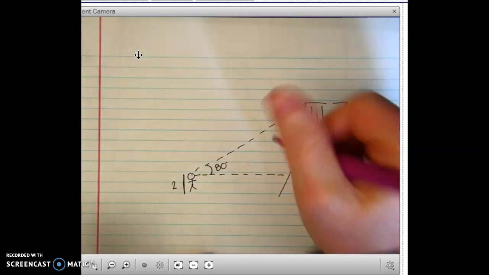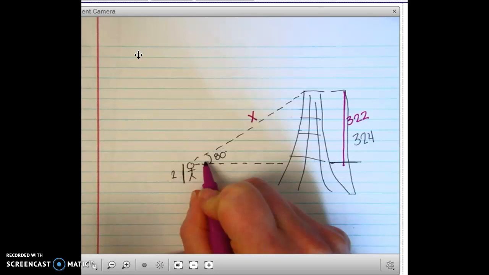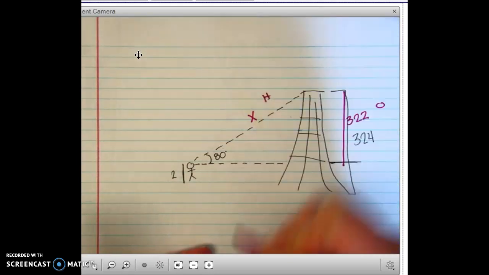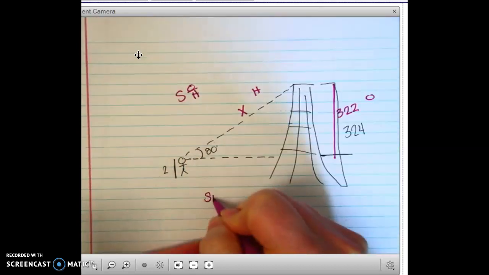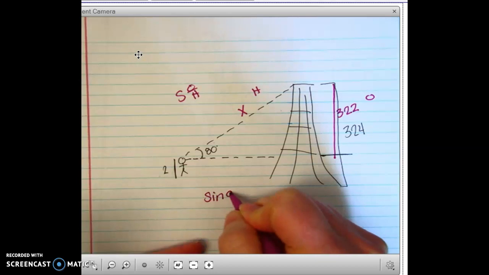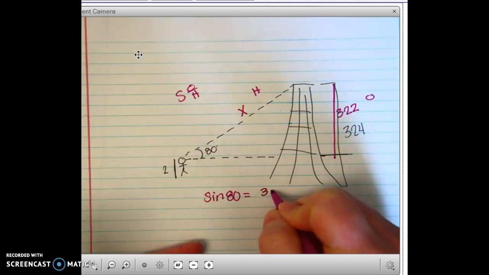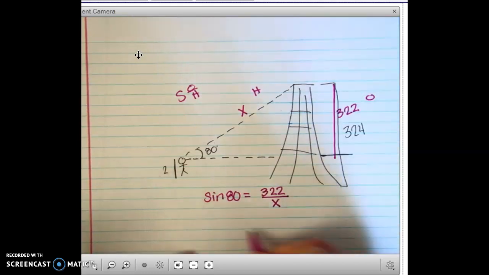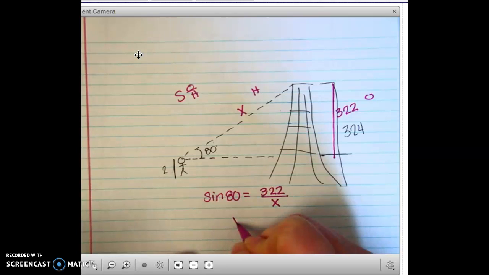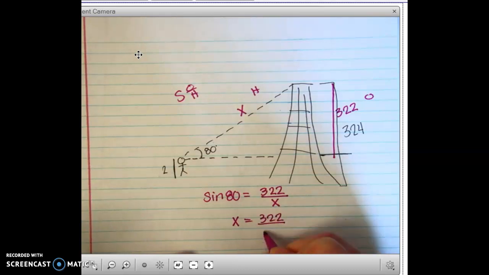Okay? All right, so we're looking for x here. And we have our opposite side and our hypotenuse. So that means we're going to use sine. So we have sine of 80 is equal to opposite over hypotenuse. Then we would get that x is equal to, if we multiplied by x and divided by sine of 80, 322 divided by sine 80.